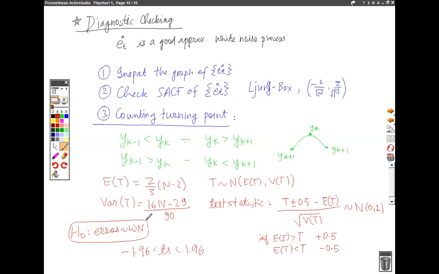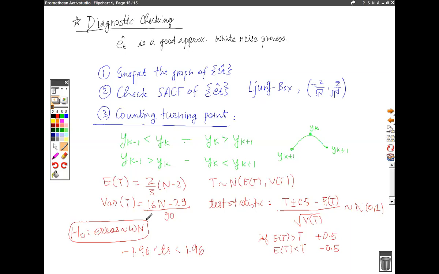Is this clear to everyone? Yes. Okay, so again, you have to remember that this result is only for an independent sequence of random variables, which we know error terms are, and therefore you can apply this to the residuals of the time series that we have.